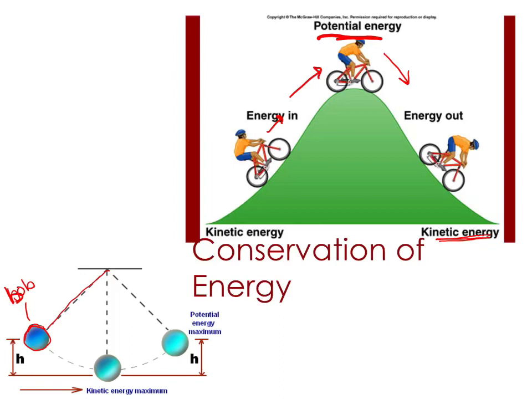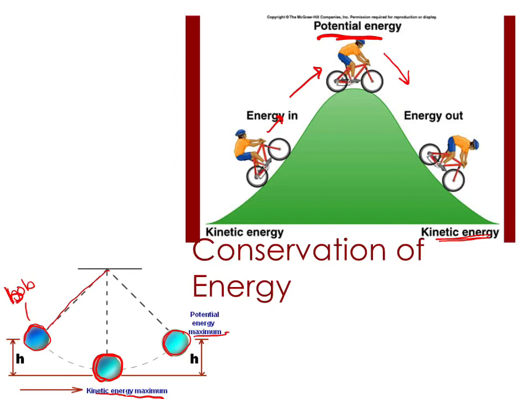And as soon as you let it go, it's not like the energy just disappears. What happens to it? It's converted all over here into kinetic energy when it's at its lowest point, and then it converts itself back into potential energy once it gets to its highest height again.